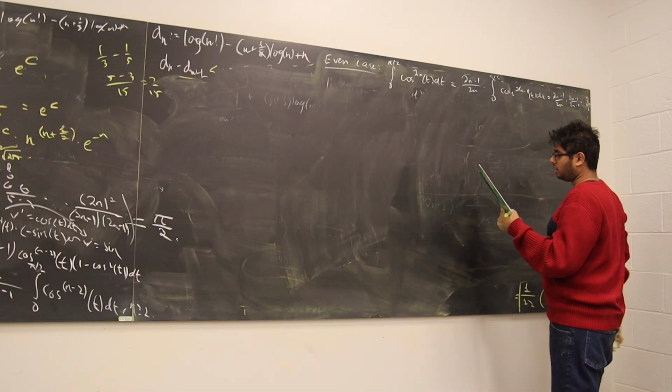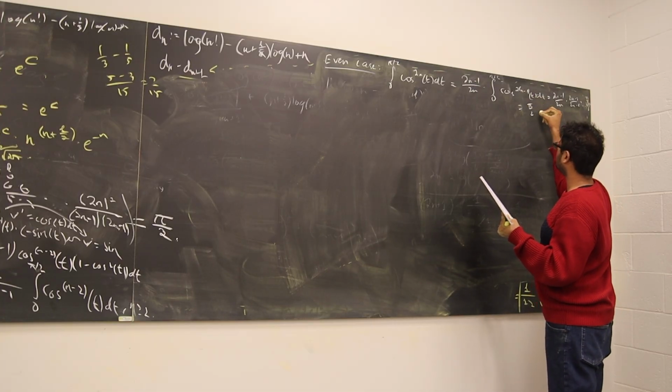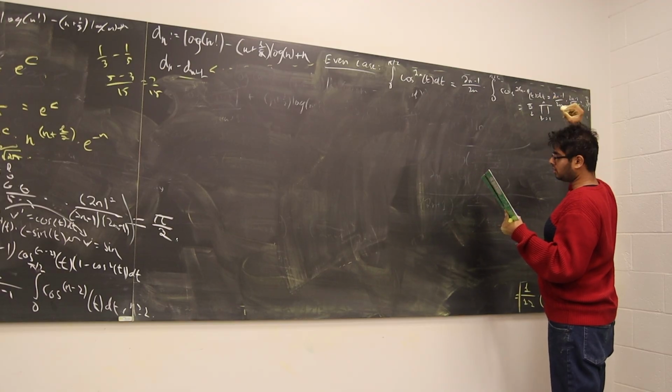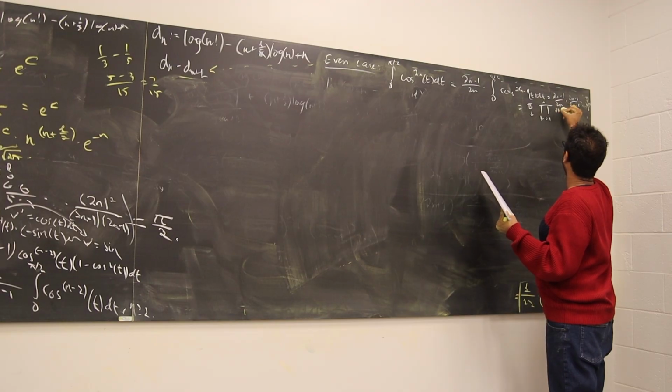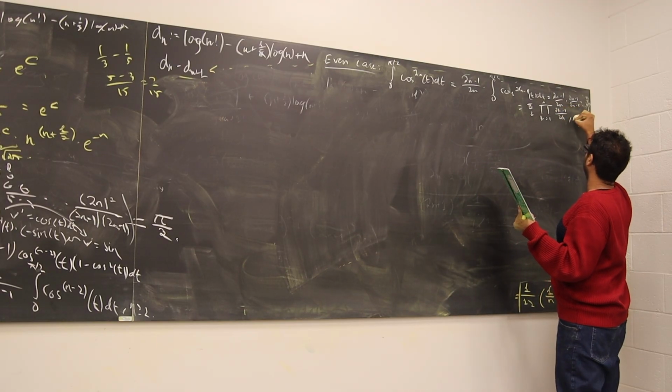Imagine that. So that just gives you pi over 2 times the product from k equals 1 to n of 2k minus 1 over 2k, for n greater than or equal to 0.